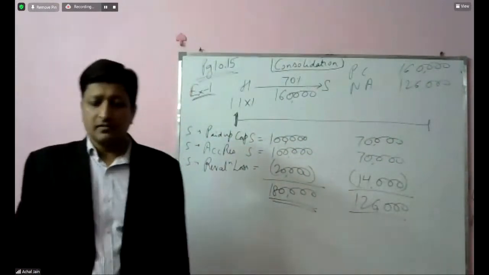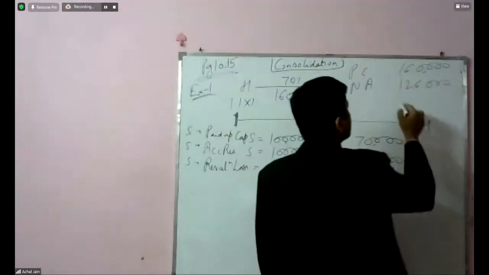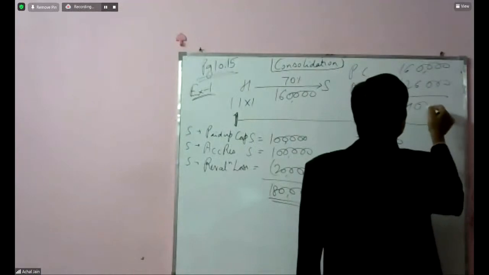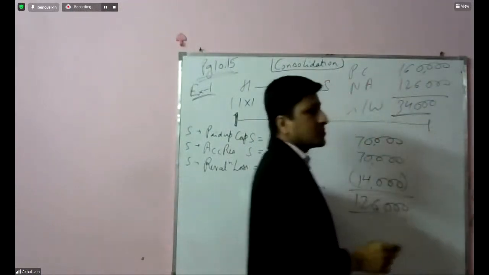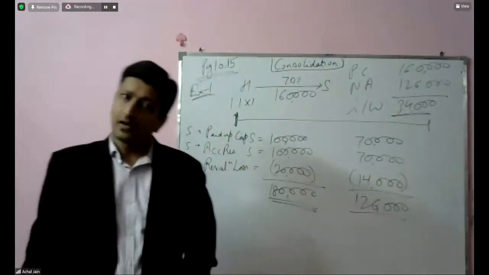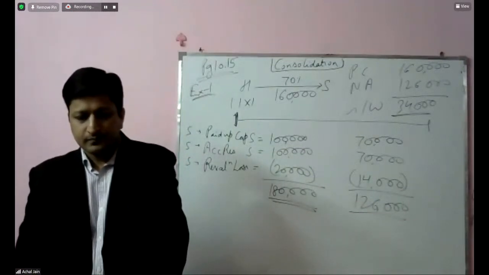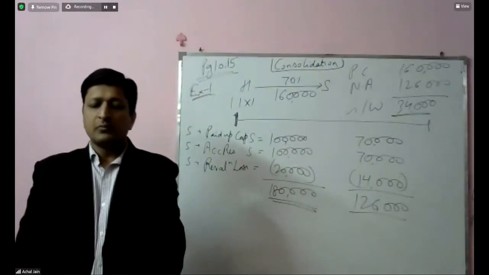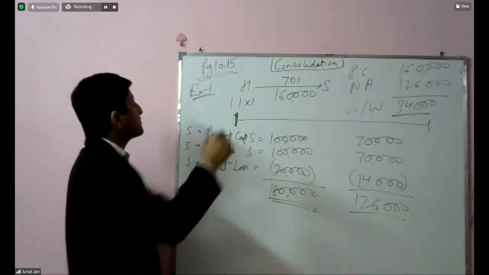Goodwill or capital reserve? Goodwill, because excess consideration has been paid. So if you pay excess consideration, what do you get? So this will lead to a scenario of goodwill. Okay? Clear with this? Yeah. Similarly, we can move on to the next example. Example number 2 on the next page.